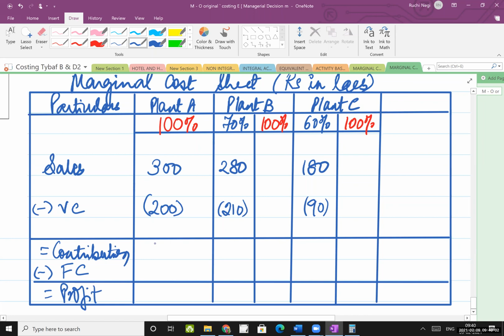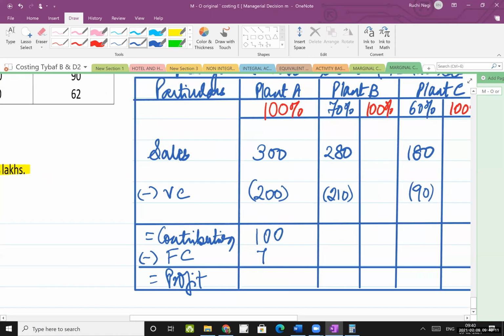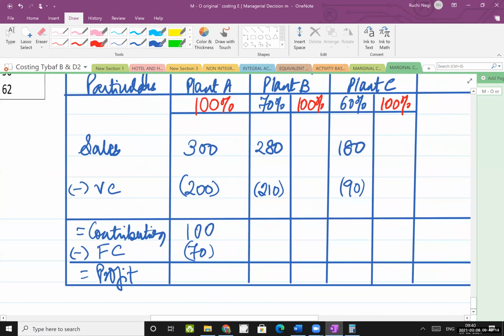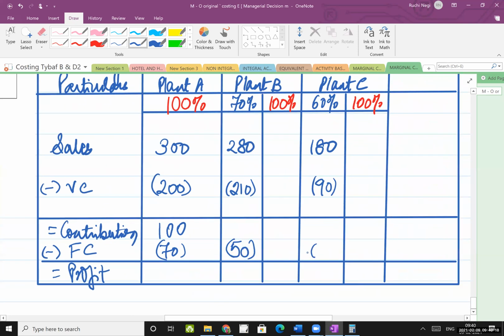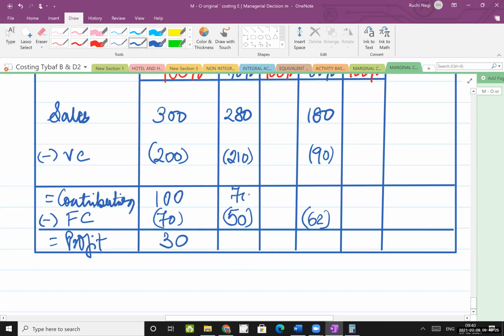Okay, solve this. Fixed cost is how much? 70, 50 and 62. This is 30, this is 70, this is 20, this is 30.